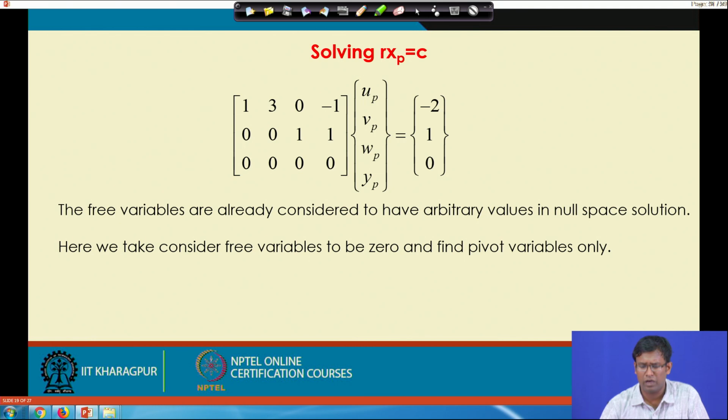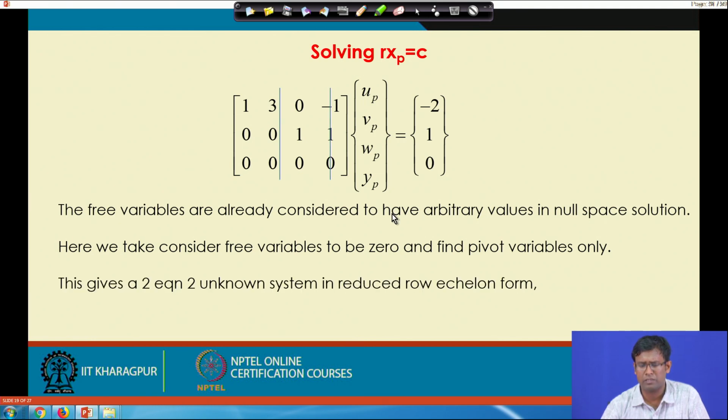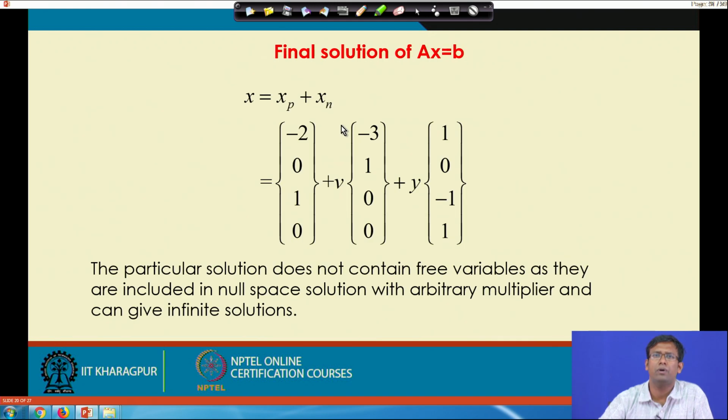So, we remove the free variable columns and solve the 2 by 2 equation system here, or whatever the equation system will be. You remove the free variables and it will be a non-singular matrix. Solve the equation system and get the particular solution, and then you add the particular solution to the null space solution, and these v and y may have infinite values.